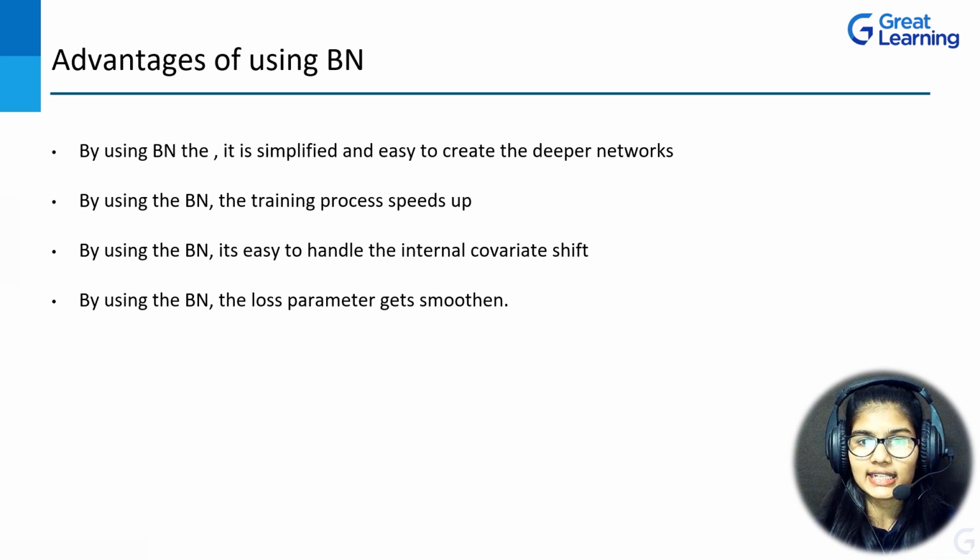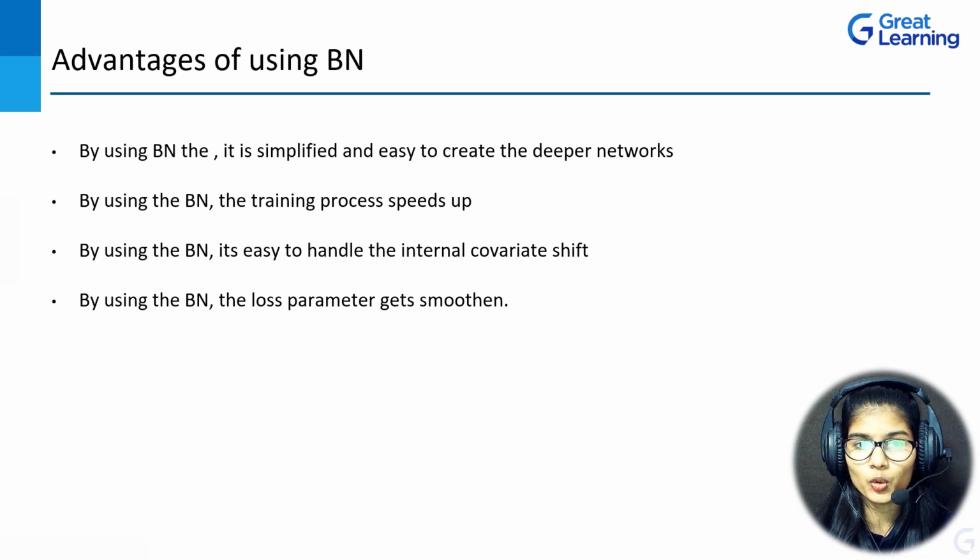So first of all, by using batch normalization, it is simplified and easy to create deeper networks. For creating deeper networks, batch normalization makes it simpler and easier. So the very first advantage of using batch normalization is that it's simplified and easy to create deeper networks.